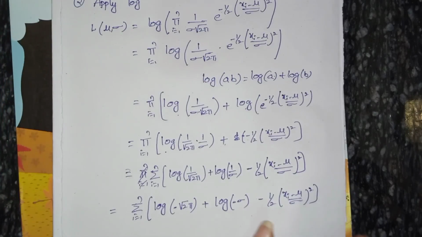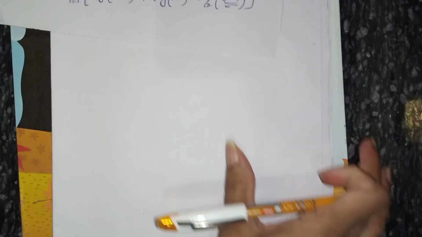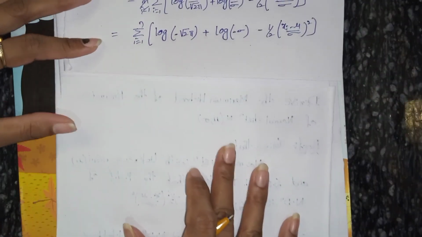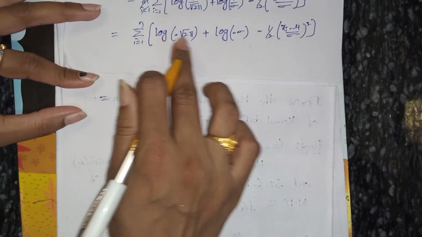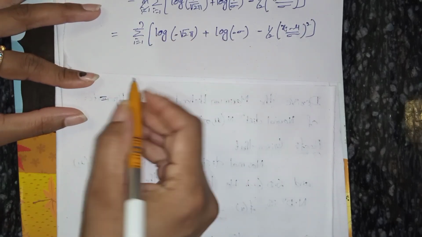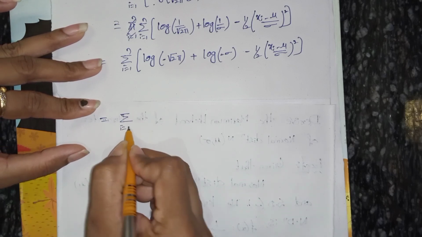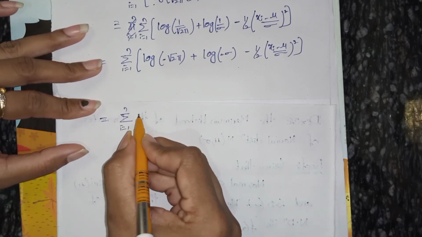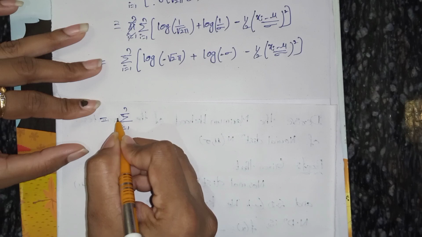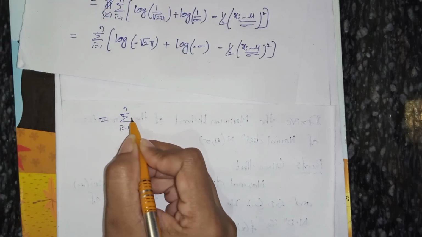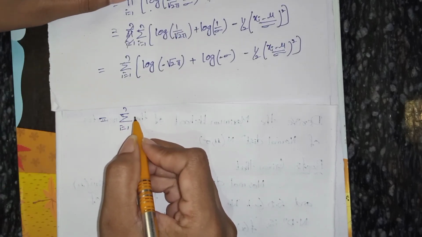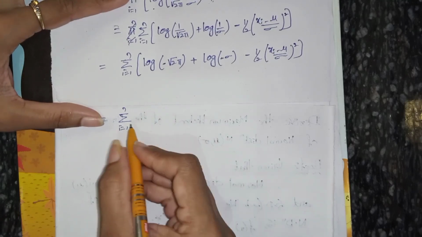Okay, so again what I am going to do here is split the summation for every term. Summation i equals 1 to n. Minus, we have to bring out.